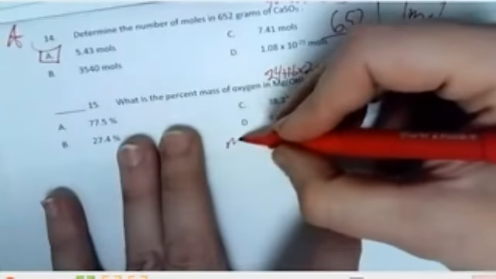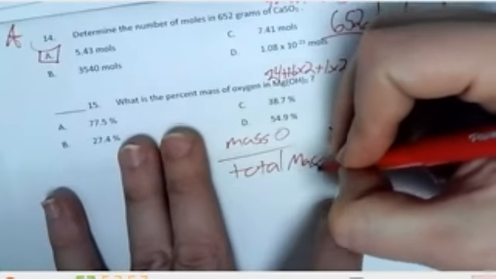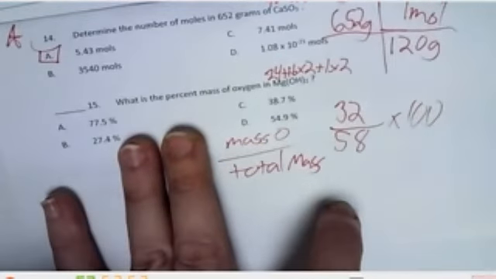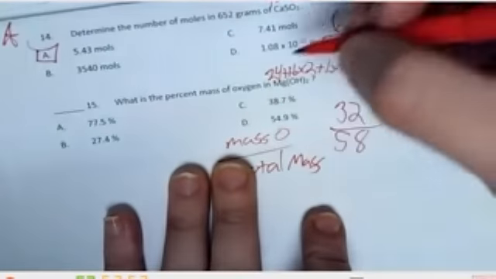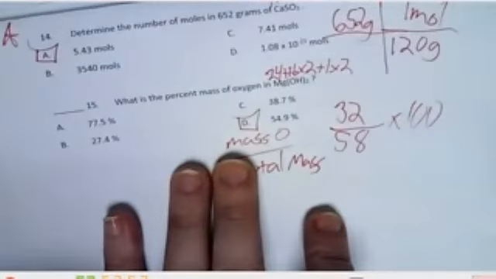So we're looking at mass of oxygen over total mass times 100. 32 divided by 58 times 100 is 55%, about 54%. So D, double checking my math.